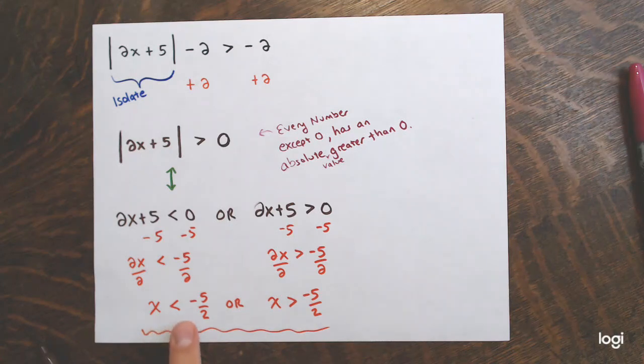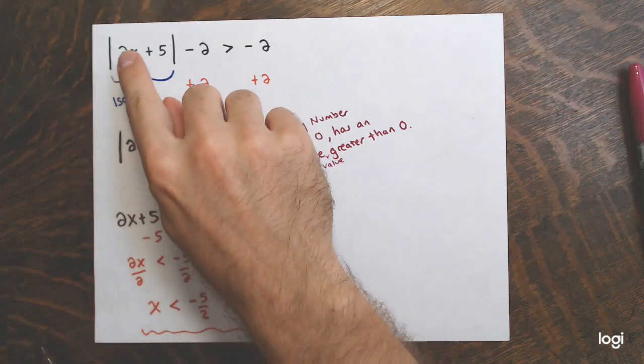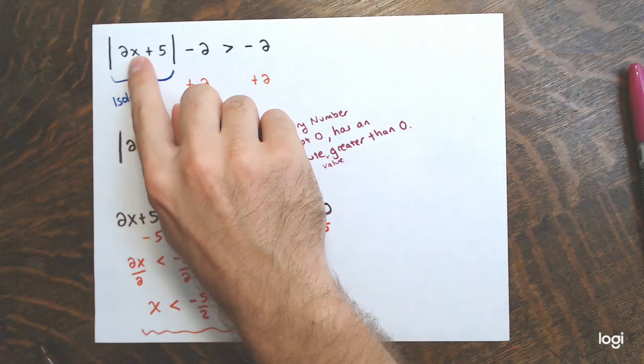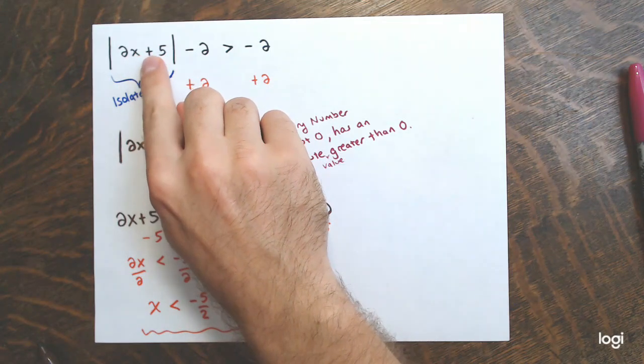So all the numbers less than negative 2.5, are they solutions? Let's take a number less than negative 2.5, like negative 3 or negative 4 or negative 5. Let me take negative 3. Put it in here. 2 times negative 3 is negative 6. Negative 6 plus 5 is negative 1.